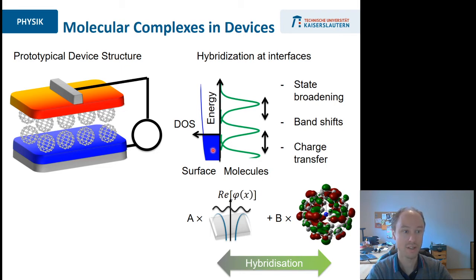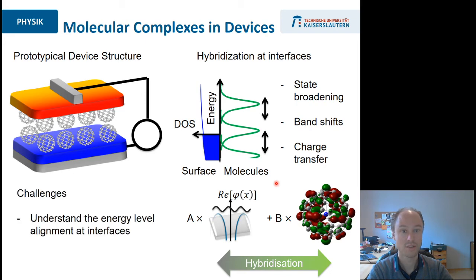For higher coverages in the multilayer, molecule-molecule interaction can also contribute to the changes of the energy level alignment. So therefore, in order to enhance the capability and performance of such devices, it is necessary to understand the energy level alignment of molecular materials on surfaces or in molecular thin films.